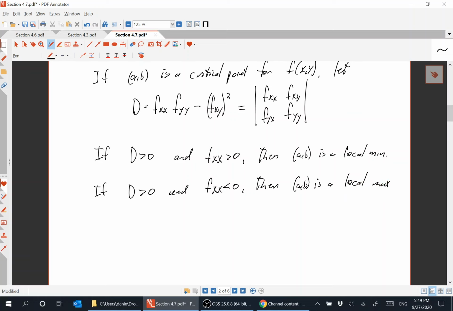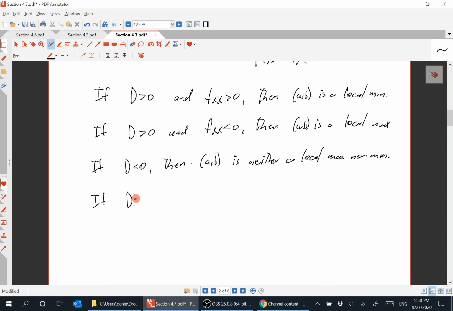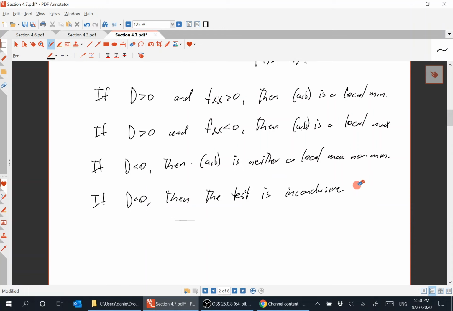If D is less than 0, then (a,b) is neither a local max nor min. And if D is equal to 0, then the test is inconclusive. So unfortunately, you have this situation in which it's inconclusive, and that can happen all the time.